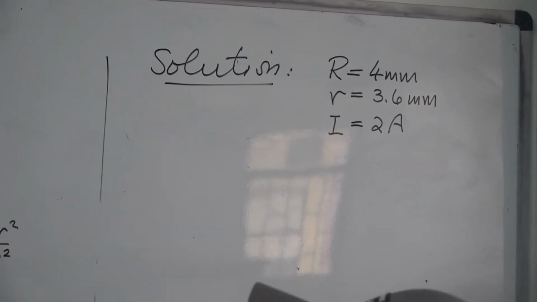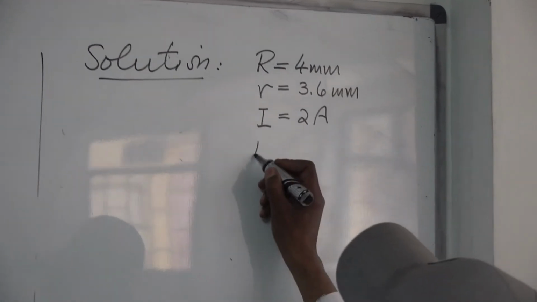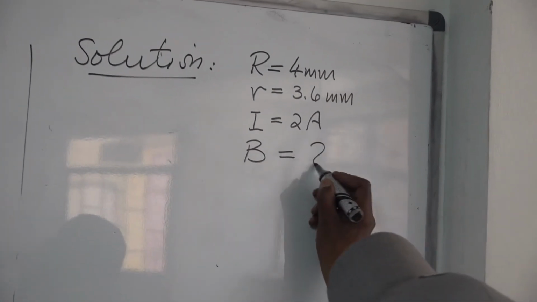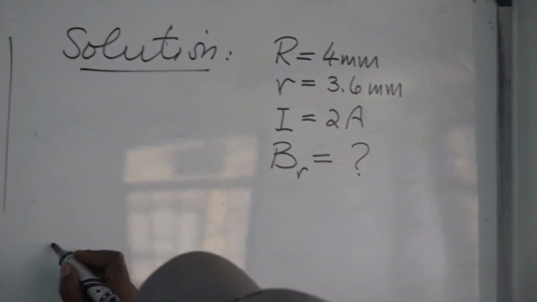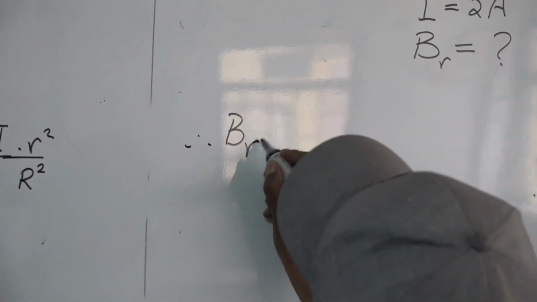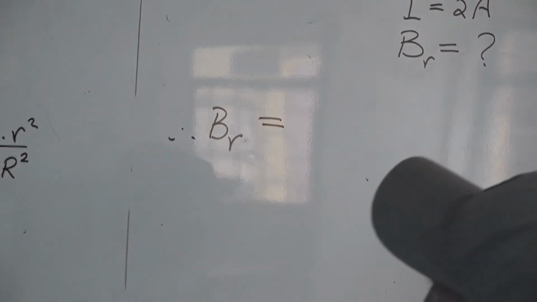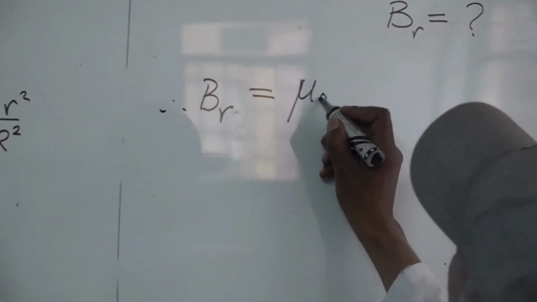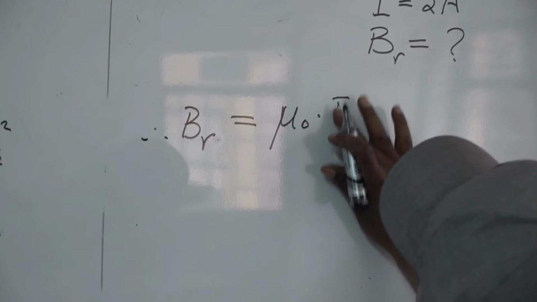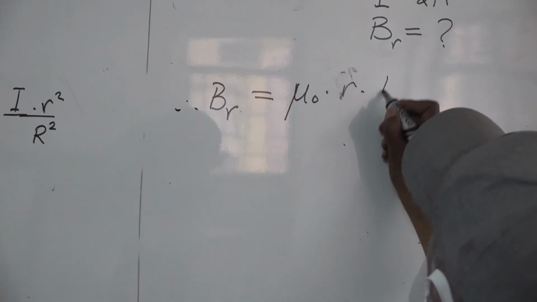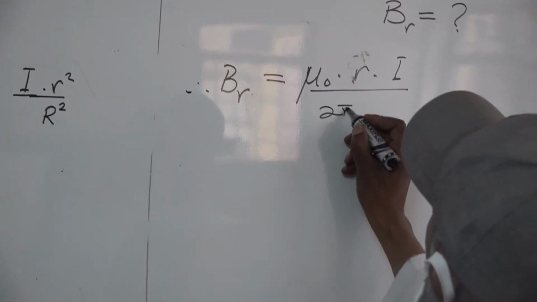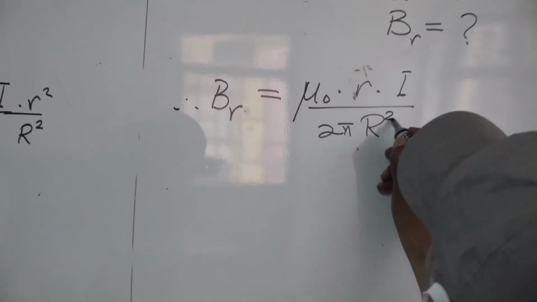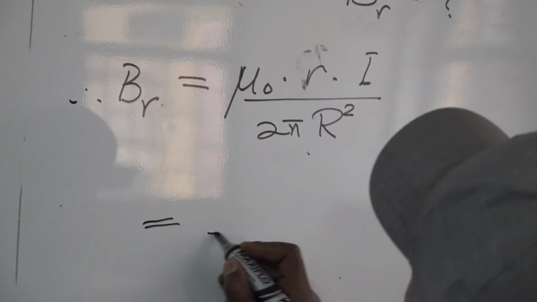So the question is, how much is the magnetic field strength within this distance, Br? So therefore we say Br equals, according to this formula, mu 0 r times I divided by 2 pi R squared. Now we substitute simply the values.